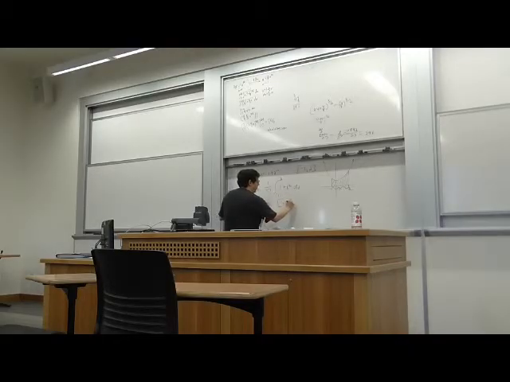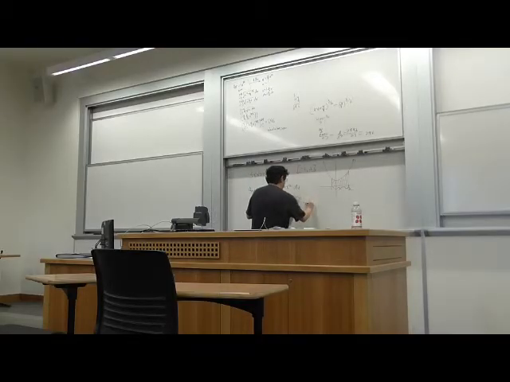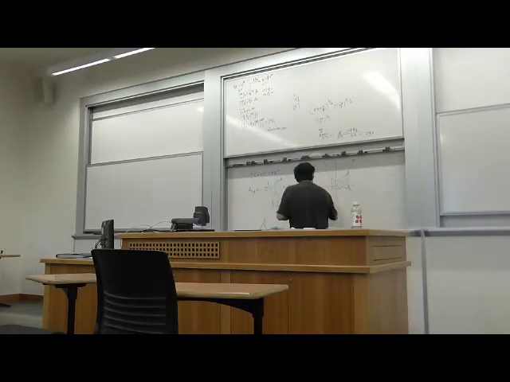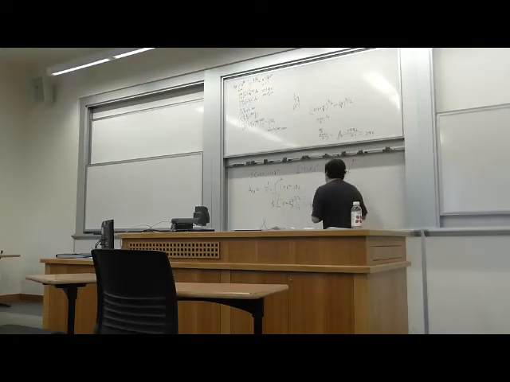This is x plus x cubed over 3, from -1 to 2. That's 2 plus 8/3 minus -1 minus 1/3. So we're just going to add all these. So it's 3 plus 9/3, which is 12, over 3, which is 4.